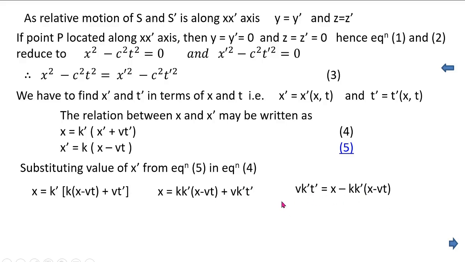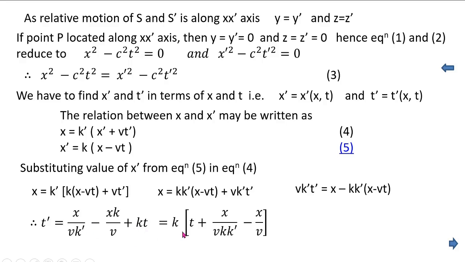We have to write this equation for t dash. Therefore, t dash is equal to, dividing the right side by v k dash, x divided by v k dash minus x k upon v plus k t. Take k common: k into t, then x upon v k dash, and here x upon v.